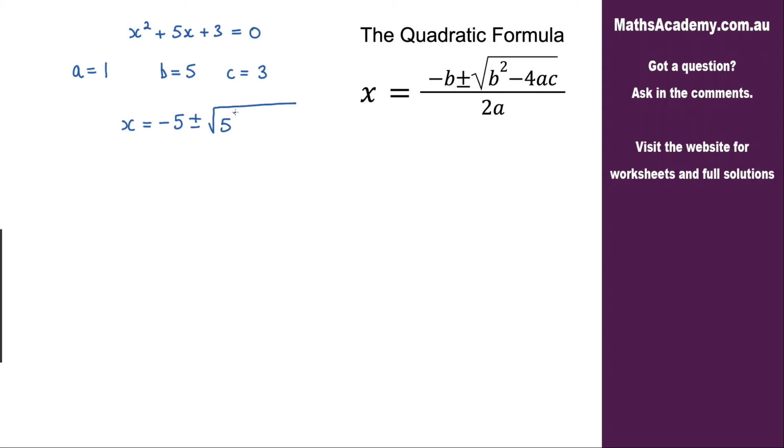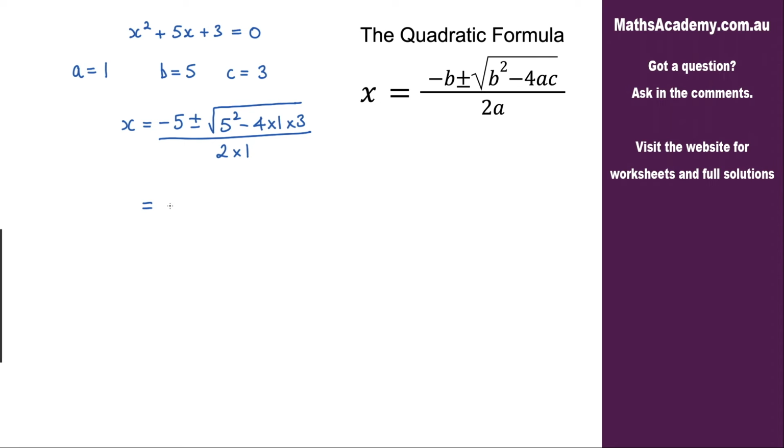So that's 5 squared minus 4 multiplied by a multiplied by c. And that is all over 2a. So that's 2 multiplied by 1. So you notice no calculations whatsoever. And the reason I do that is usually in exams, there is 1 mark assigned for the substitution step.